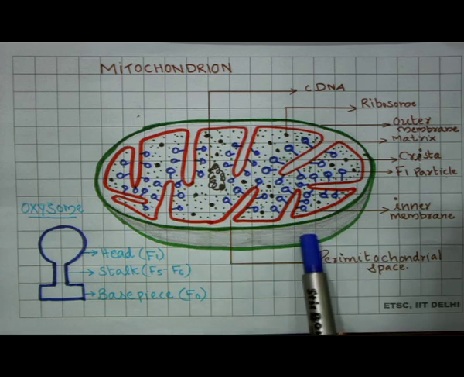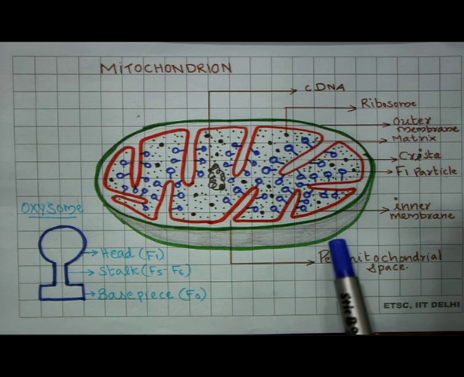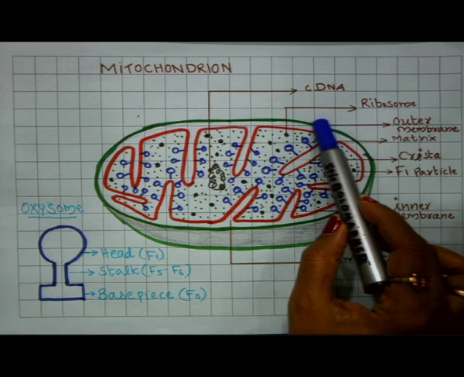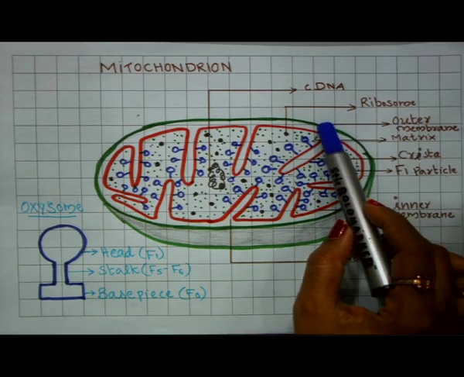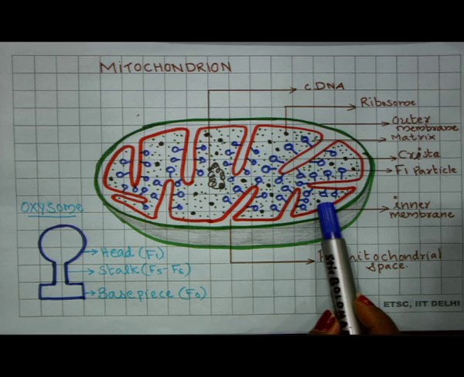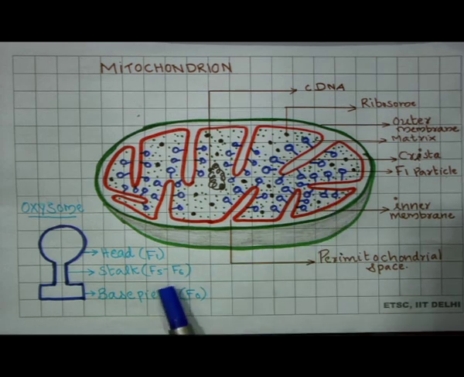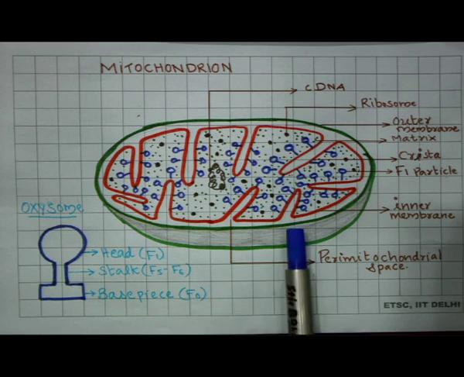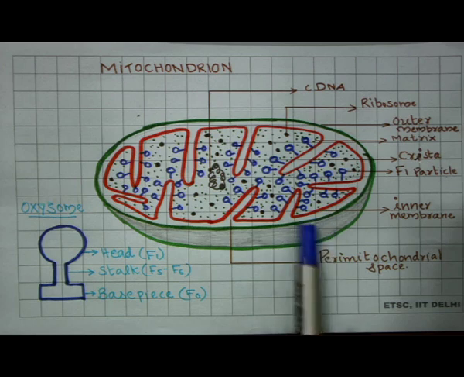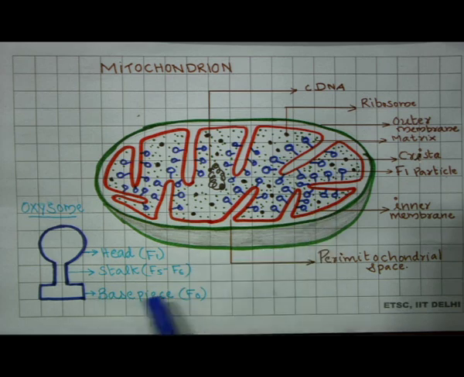There are two membranes: one is the outer membrane, already labeled here, then there is the inner membrane. Between these two membranes there is a narrow space that we call the perimitochondrial space.